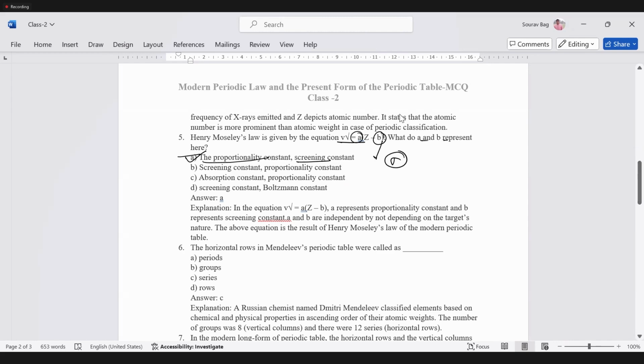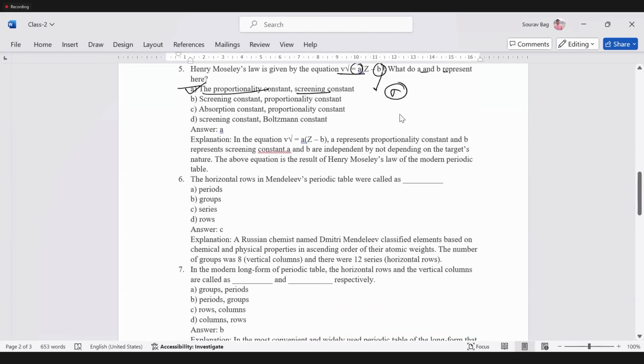The horizontal rows in the Mendeleev periodic table are called? This is not a group, this is the series. Actually, these are the periods. If you take Mendeleev's periodic table, the horizontal lines are called periods, or also the series.